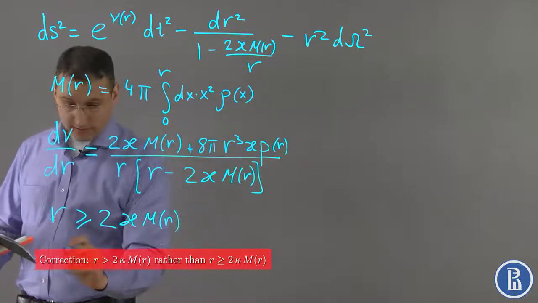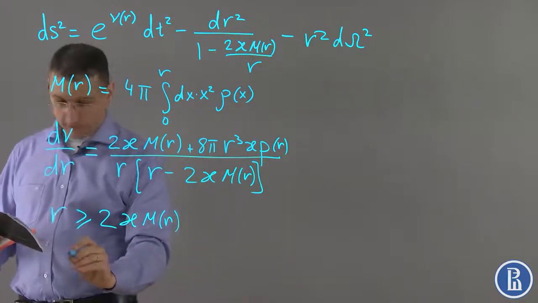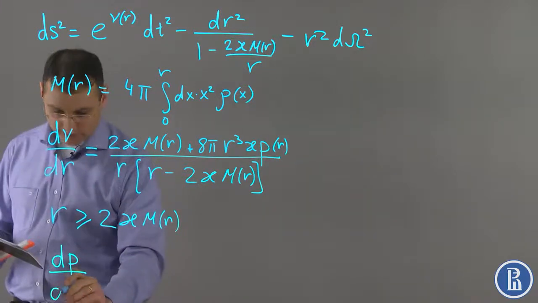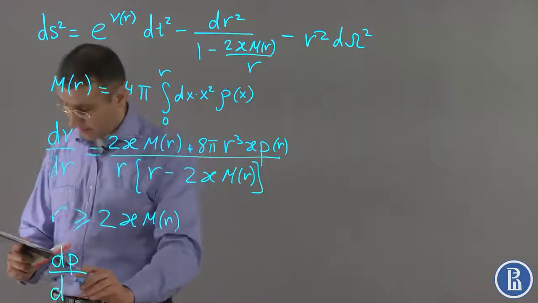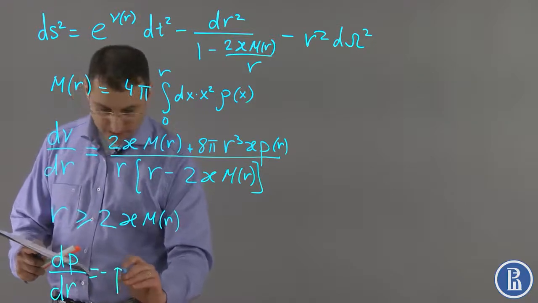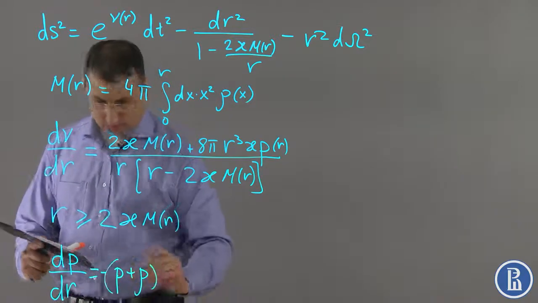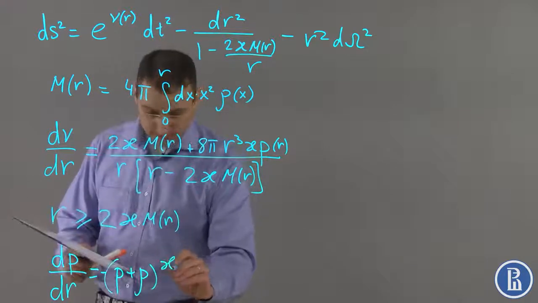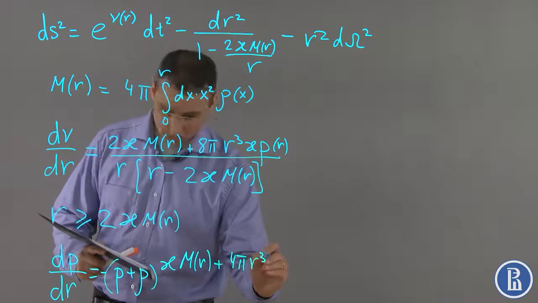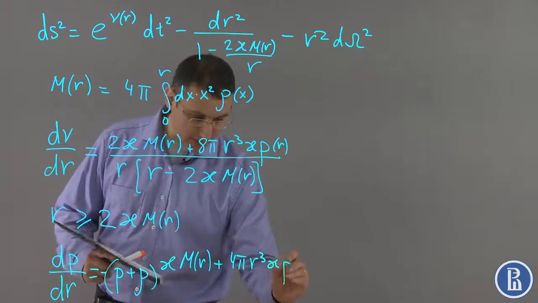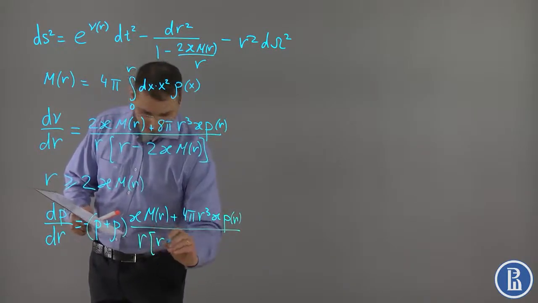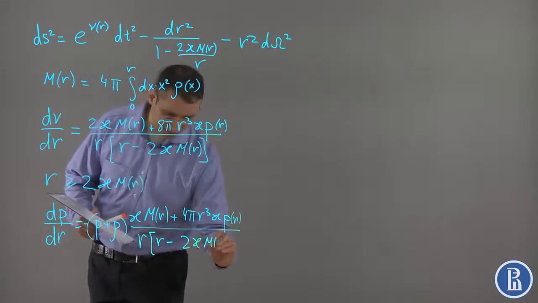And the Tolman-Oppenheimer-Volkoff condition for the stability, hydrodynamic stability of the star, follows from this equation and the energy momentum conservation, and is given by this equation: dp over dr equals minus p plus rho times kappa m of r plus 4 pi r cubed kappa p of r divided by r times r minus 2 kappa m of r.